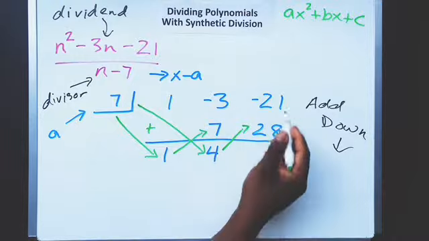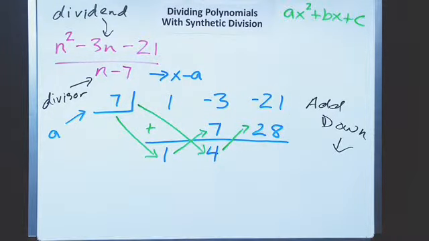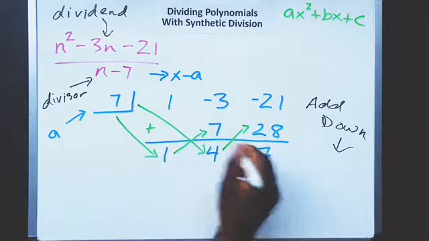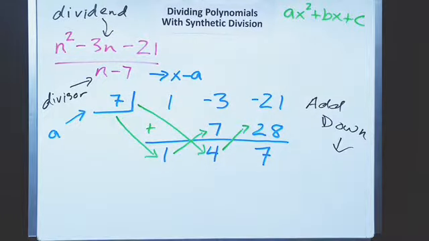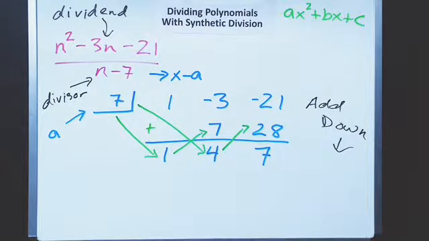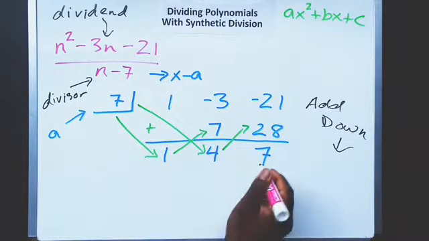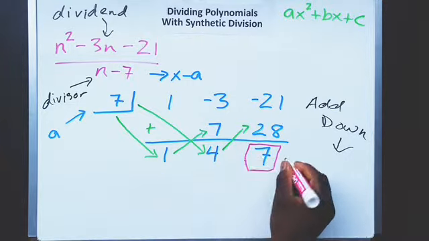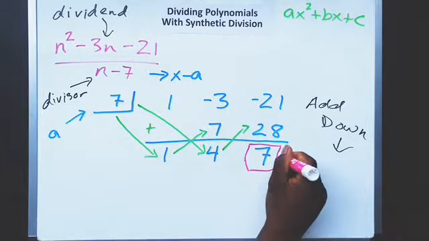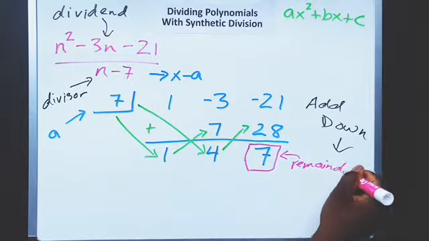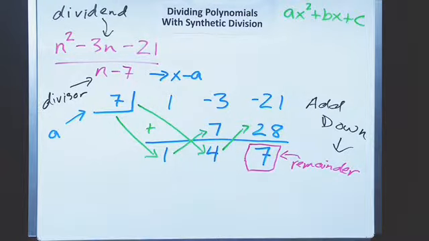And then remember, we add down negative 21 plus a positive 28, and that's going to give us 7. Okay. We're almost there. One thing we want to make mention of is this value right here, the last value here, that is your remainder. Okay, so I'm going to call that the remainder. We're going to need that in just a moment.